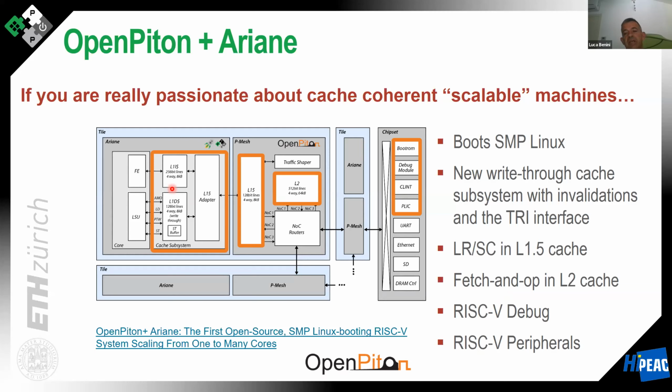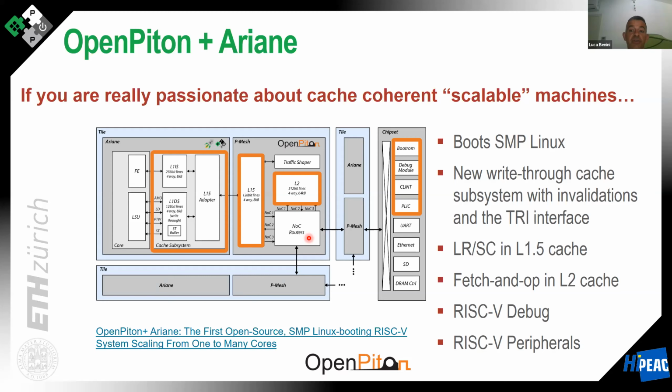So in this case, the baseline Ariane that was described in the previous part of the talk is integrated with a cache-coherent block that manages the interaction with the level 1 cache that is embedded in the processor itself, and has an intermediate level of cache called 1.5 cache in OpenPiton that provides the final interface, the cache-coherent distributed memory system, where you have, for example, distributed L2 and then access to a network on chip for multi-core cache-coherent network on chip-based systems.